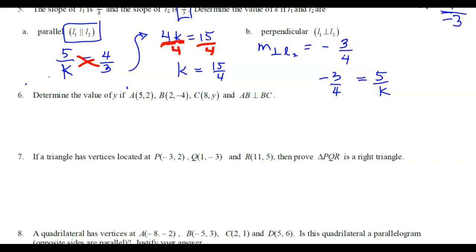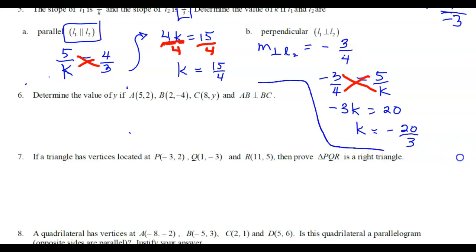Okay, so now when we do our cross product property, we get negative 3k equals 20, and divide by negative 3, and I just show the negative out front, never in the denominator. And that one would be a repeating decimal, so I'd probably never show it as a decimal unless I was asked to round.